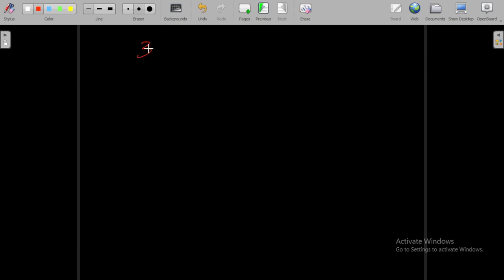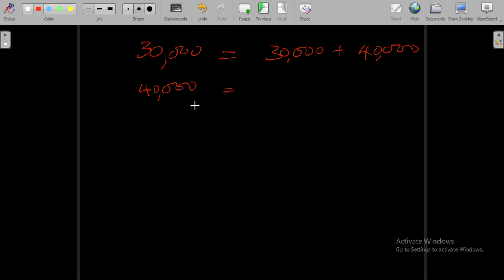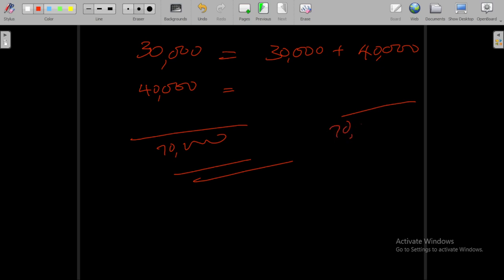Initially we had 30,000 cash, then 30 plus 40. Then we now buy a motor vehicle of 40,000, which makes it 70 in our previous example, and this plus this we also have 70. So now we bought an asset with cash, which is 5,000 naira.